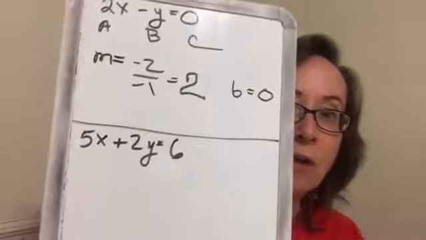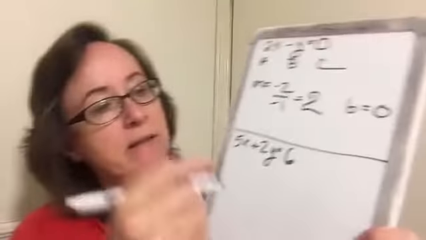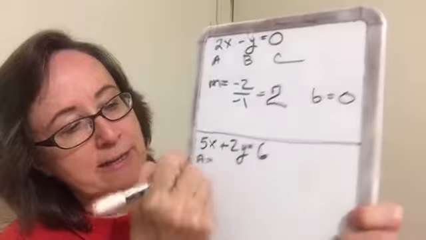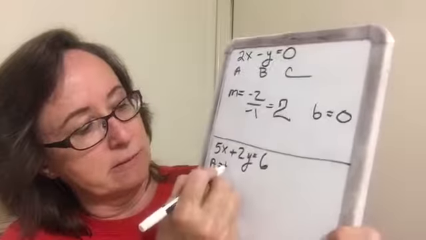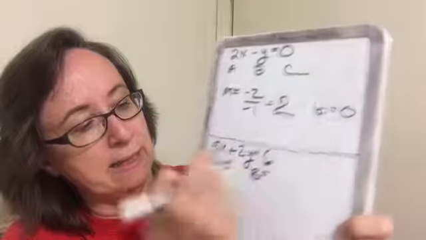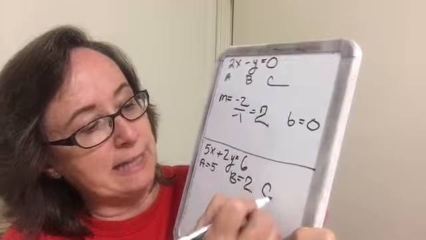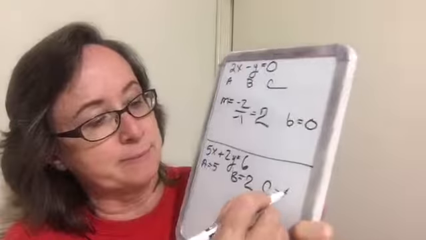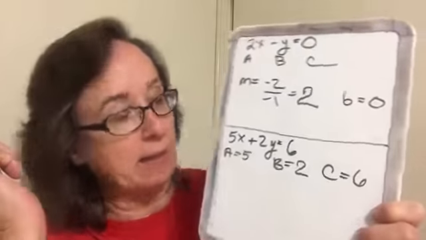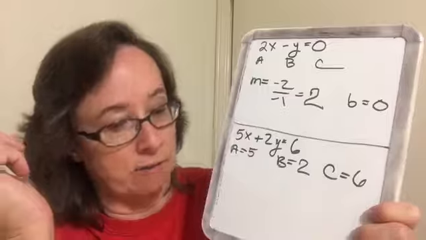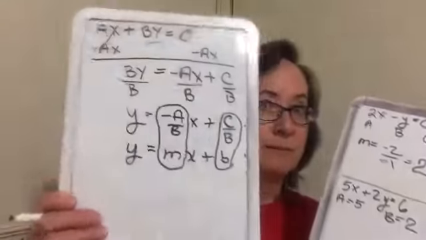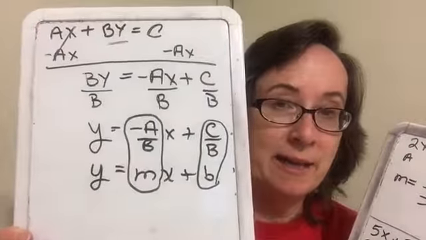All right, so on this one, our a is the 5. Our b is the 2 that joins the y, and our c is the 6. ax plus by equals c. But from what we did before, m is always going to be negative a over b.